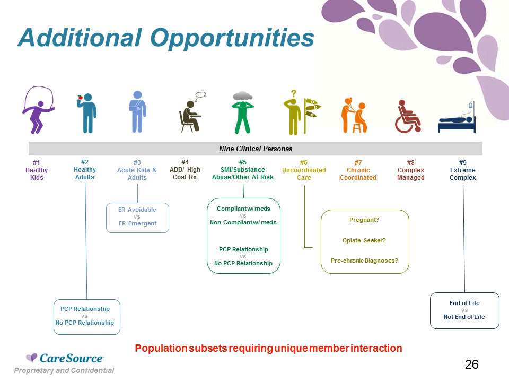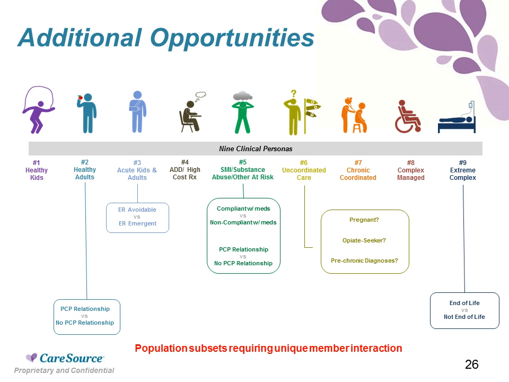In looking at persona 5, our predominantly severe mental illness and substance use, what we want to understand again is, do we have compliance with medications? A lot of this in persona 5 is we don't want them to revert back to a healthier persona in this particular case, because if they do, we know that it probably means they're doing that just strictly because the claims aren't coming in, and they're not necessarily in a healthier state.